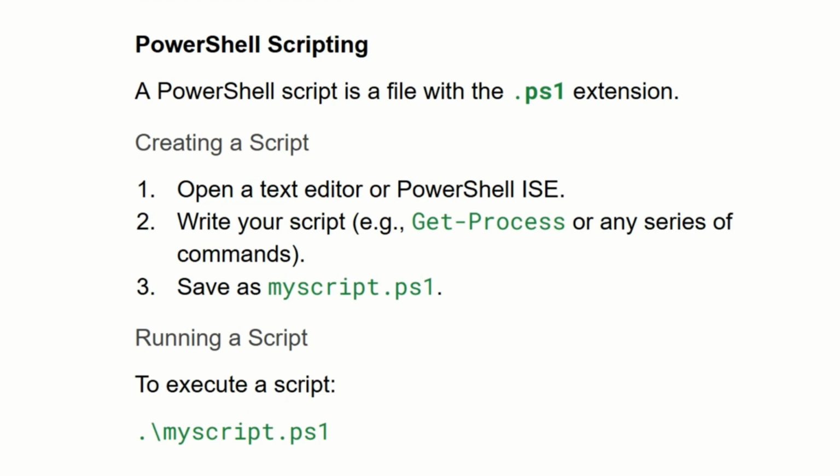The basic common cmdlets are Get-Help, Get-Command, Get-Process, which lists all the running processes, Get-Service, which gets all the services, and lots more. If you want to use any cmdlet, open the PowerShell ISE or PowerShell console and just type the cmdlet like Get-Process, and you'll get the output. We'll see further in coming videos.